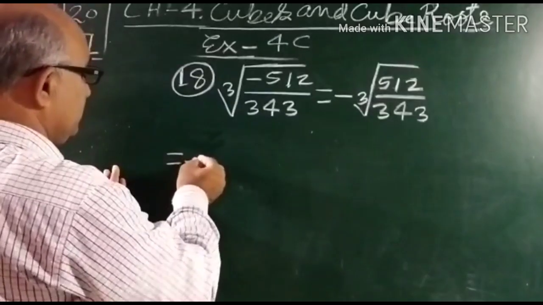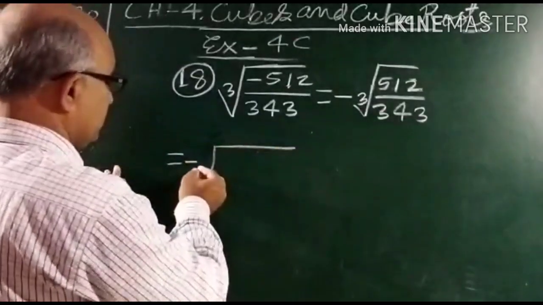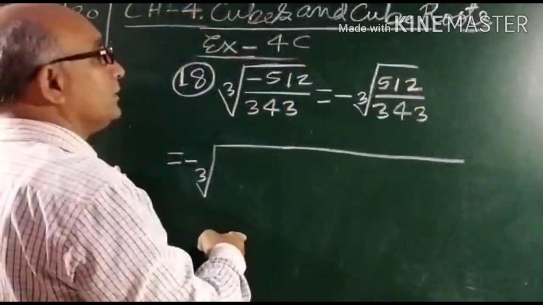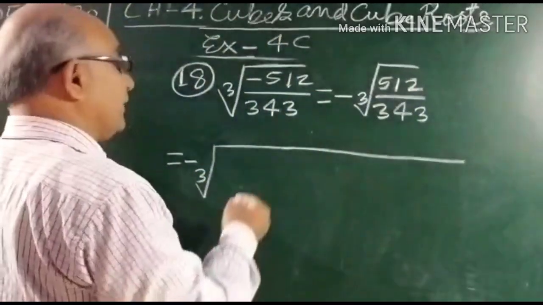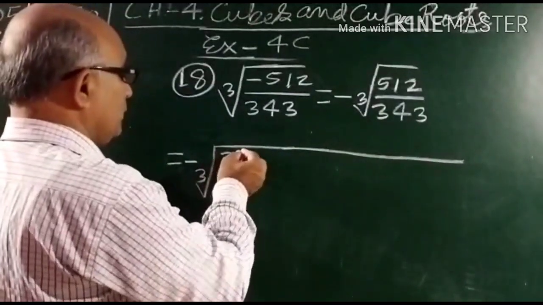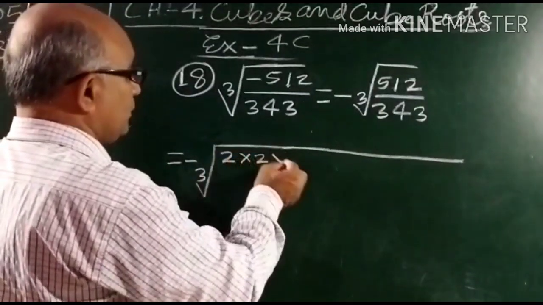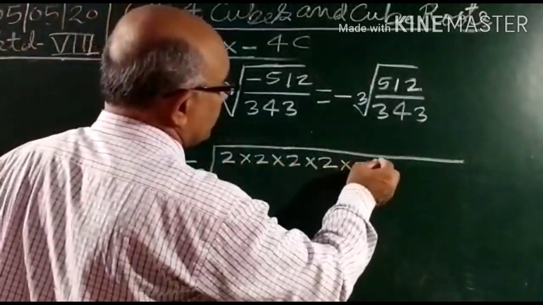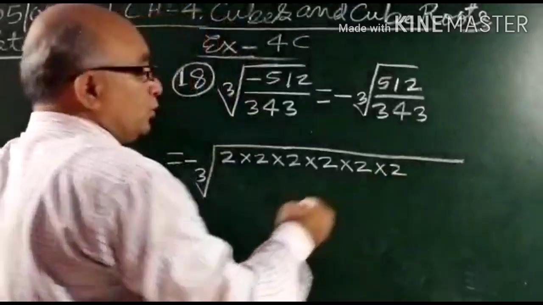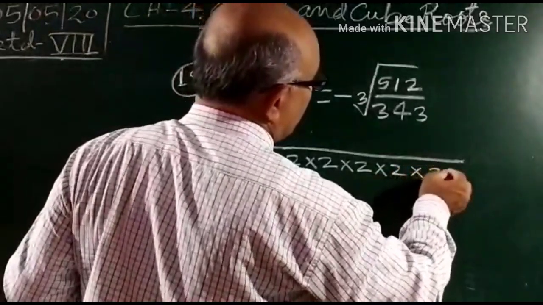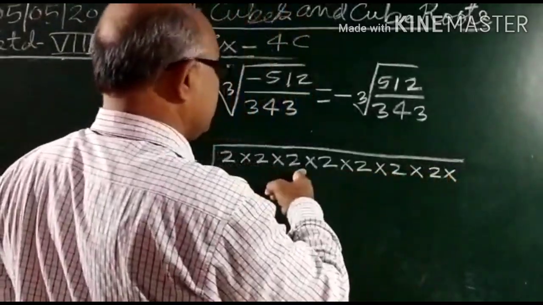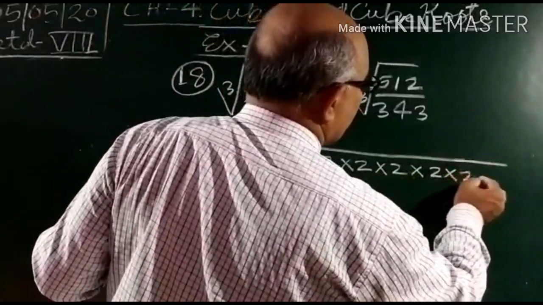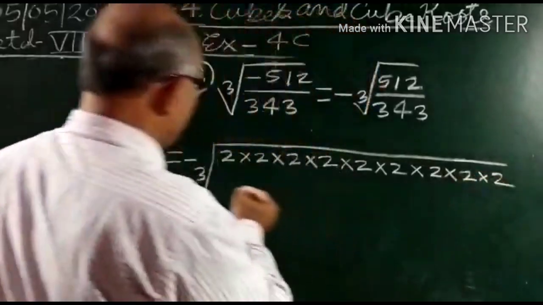Now write cube root of 512. Just find 2 into 2 into 2, 2 into 2 into 2, now 2 into 2 into 2. 3 triplets of 2.